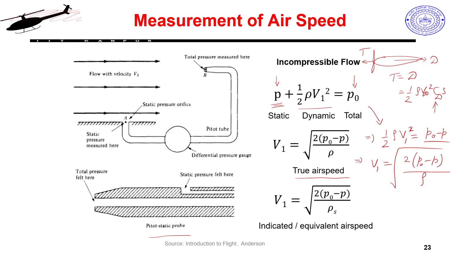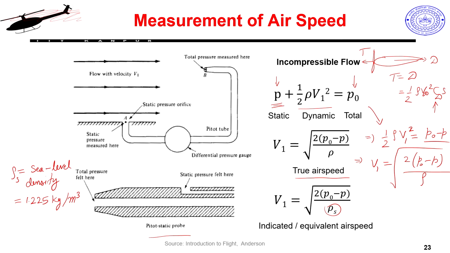Keeping it simple means I will use a fixed density all the time, and what could that be? That could be my sea level density, which is my standard value. So, my rho s I would keep, this is sea level density, and the value for that normally you would take is 1.225 kilograms per meter cube.